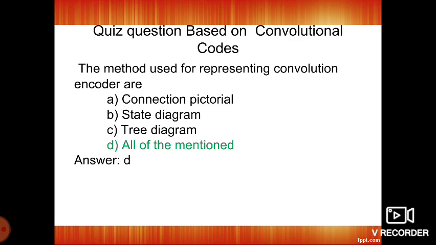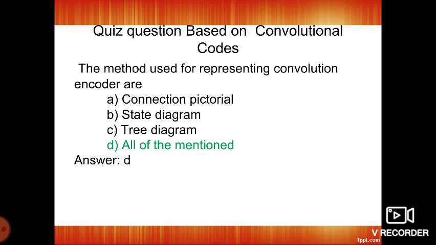Here we have one quiz question based upon convolutional codes. The methods used for representing a convolutional encoder are: first, connection pictorial; second, state diagram; third, tree diagram; and fourth, all of the above mentioned.